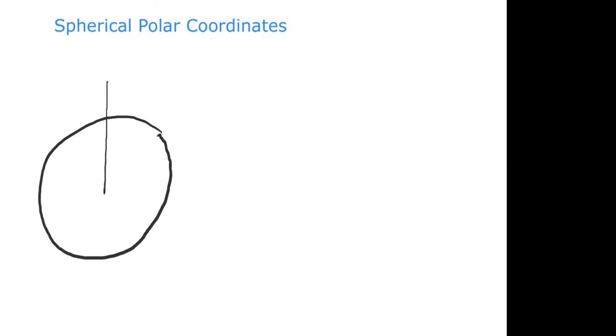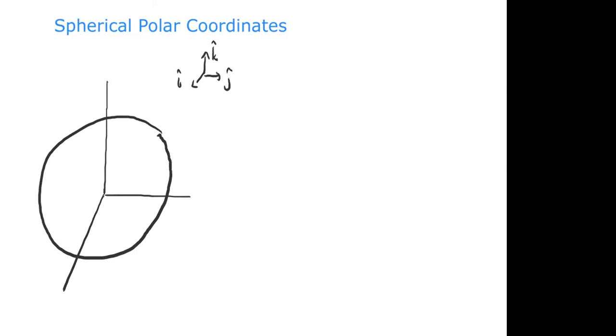So again, I'll attempt to draw a sphere. Now we'll orient it as such. Again, my unit vectors are ubiquitous, but it's nice to remind the audience that they're there.